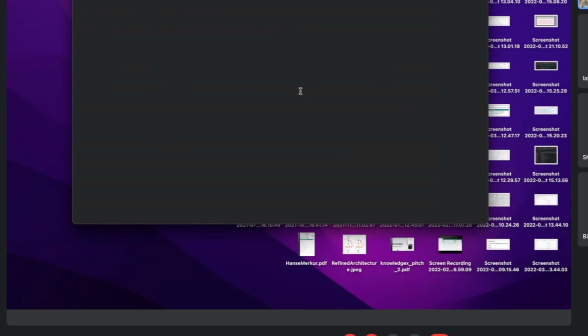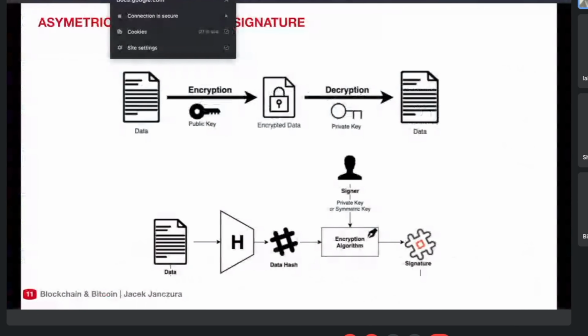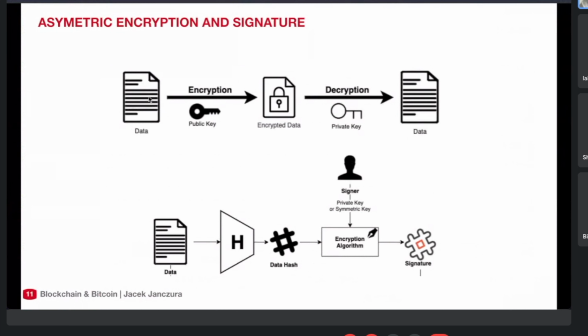SSH or TLS, or this little icon here, is proof that whatever I'm doing in my browser is encrypted and sent somewhere, and the recipient of this data is as well Google.com, not anyone else, and only Google can decrypt whatever I'm doing on the website. And I'm sure that whatever someone is showing me here is Google, because I can check that using asymmetric encryption.